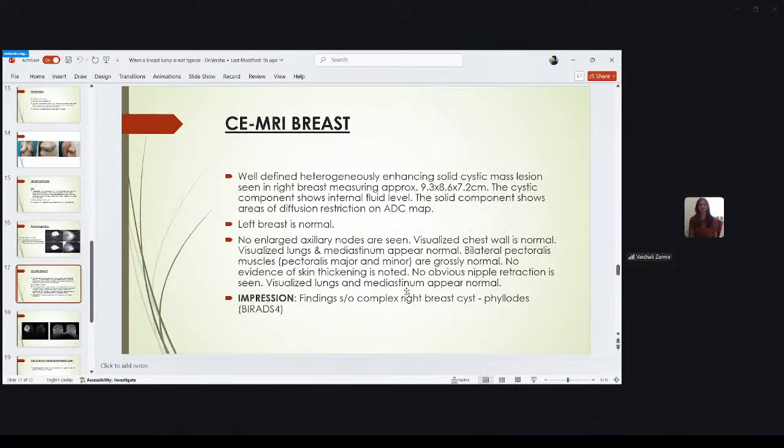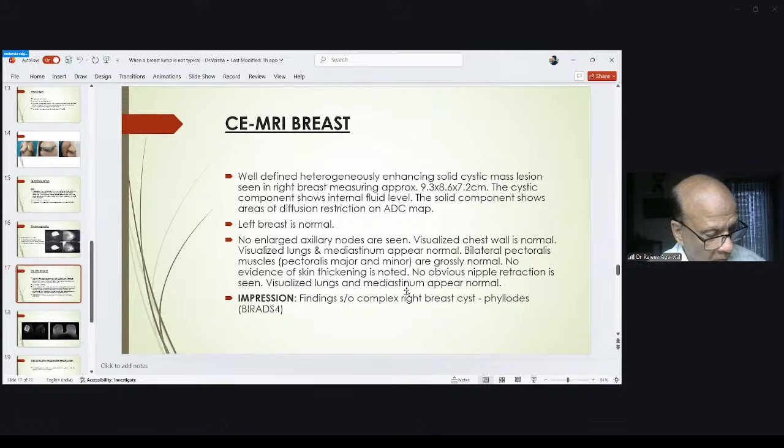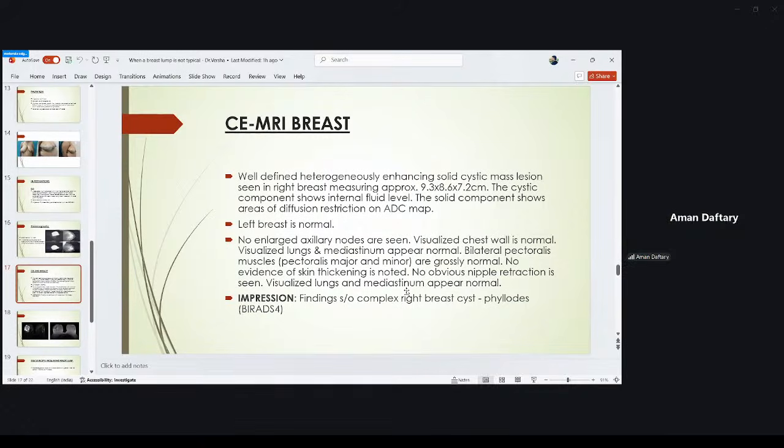Ma'am, can we tell our audience what the indications for MRI are, especially in the situation where we are clinically suspecting a phylloid tumor? So, if you're suspecting a phylloid tumor between a mammography and ultrasound, on mammography you just see a mass, most likely circumscribed. Sometimes it's a large mass and you can see lobulations.